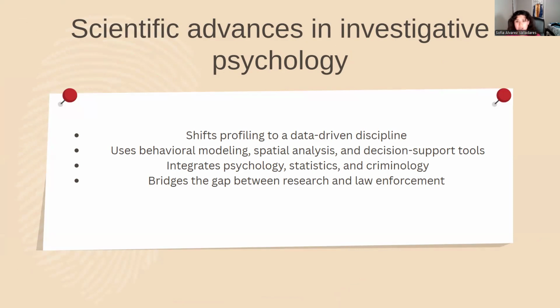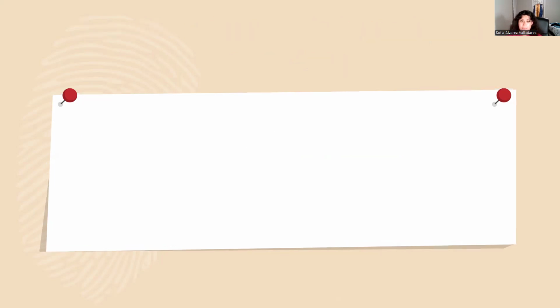Rather than relying just on a gut feeling, modern profiling allows behavioral modeling, spatial analysis, and decision support tools to identify patterns and how they could statistically link to offender characteristics. This is a critical step toward bridging the gap between profiling and evidence-based criminal investigation.